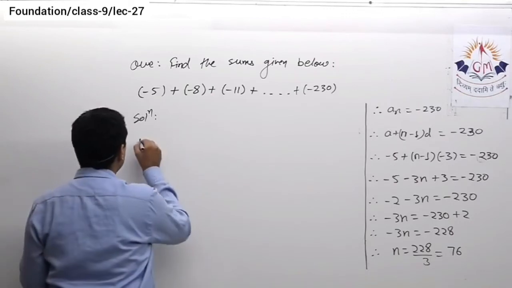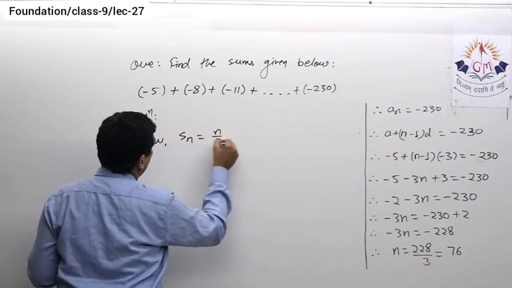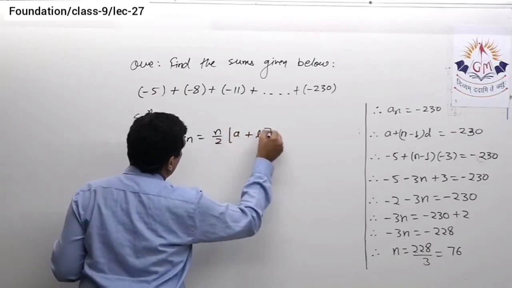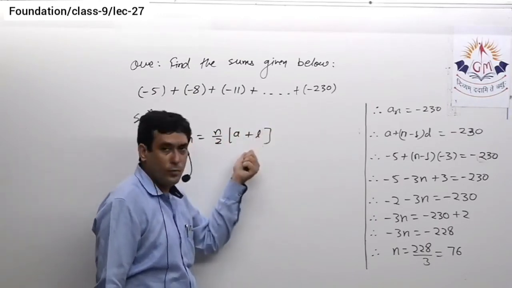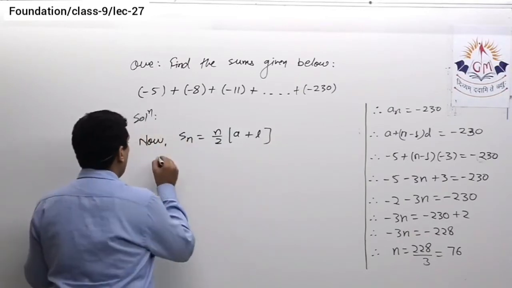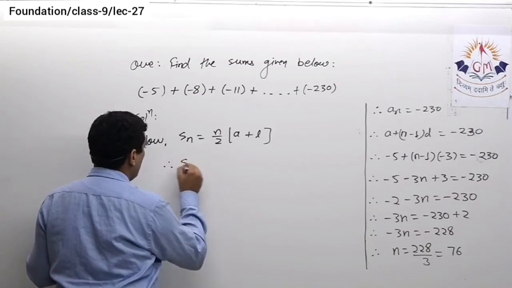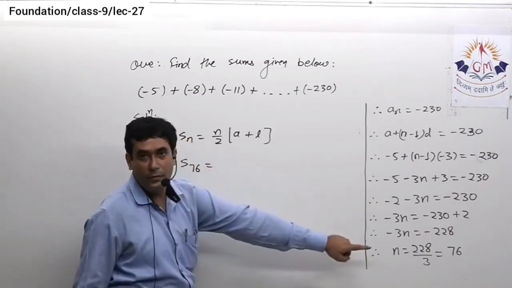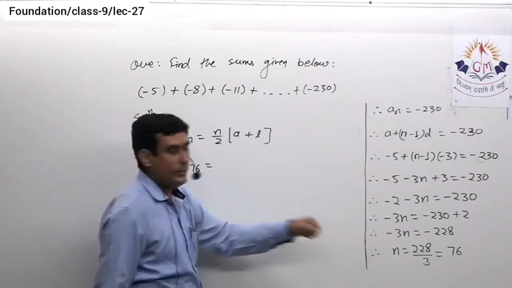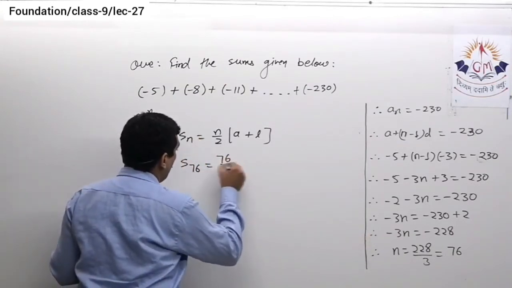Now Sn is equal to n by 2 times a plus l. I can use both the formulas, but as I have the last term, I'll go with this formula. This will save my time, not much, but definitely a little bit. So S76, because now we have the value of n, which is 76. That means this AP contains 76 terms. So 76 by 2.